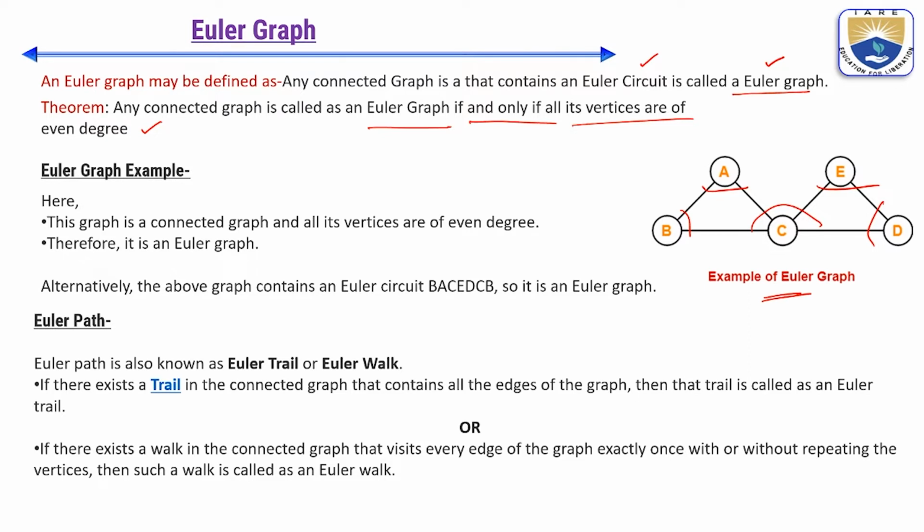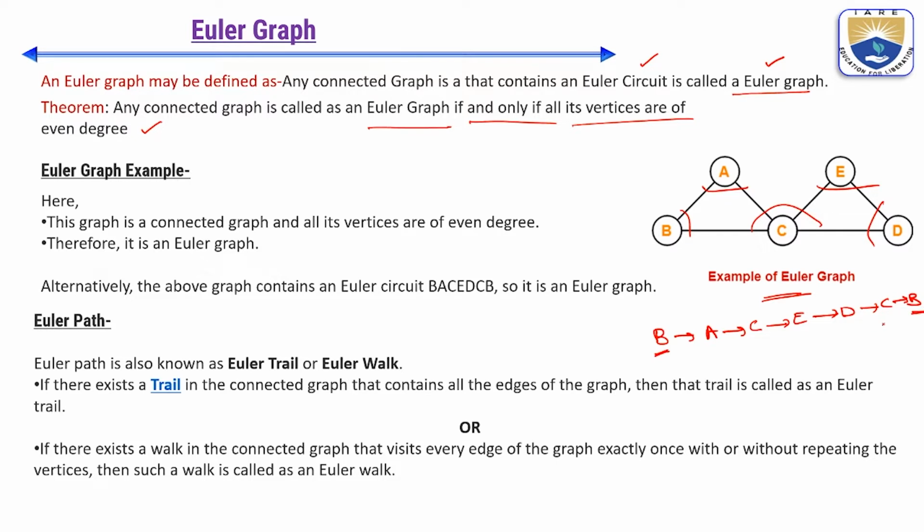So here, what is that Euler circuit? Let us say B to A, then A to C, then C to E, then E to D, then once again C, then once again B. So the beginning and ending vertex are the same.